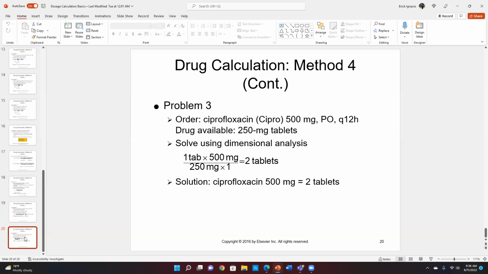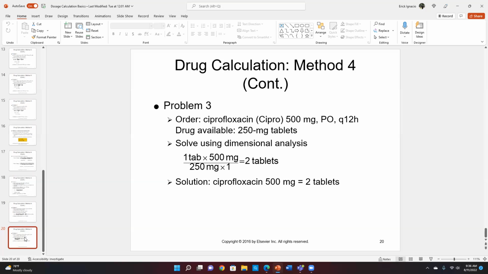We'll solve using dimensional analysis: 1 tab times 500 all over 250 milligrams times 1. Once we do that calculation, we get 2 tablets. So every 12 hours, I will give my patient 2 tablets.